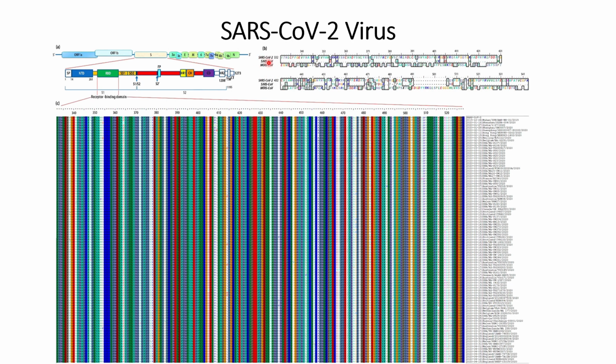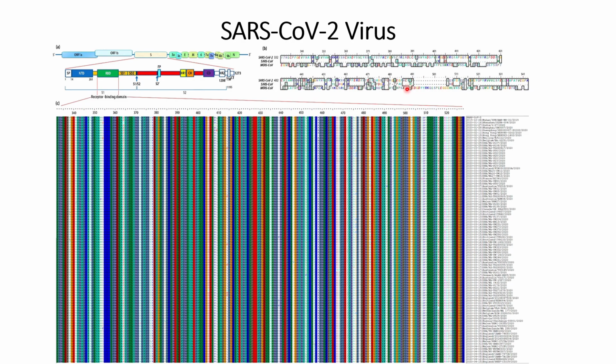And then they also compared whether the SARS-CoV-2 virus is comparable to SARS-CoV and MERS-CoV, and they found that SARS-CoV-2 is comparable to the SARS-CoV virus. However, when they compared it with the MERS-CoV virus, they found only around 28% similarity, because around 51 amino acids are different from the SARS-CoV-2 virus. One example can be seen at the bottom, in the sequence matching.